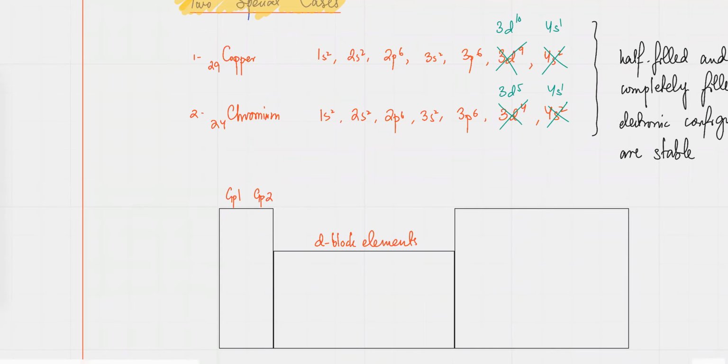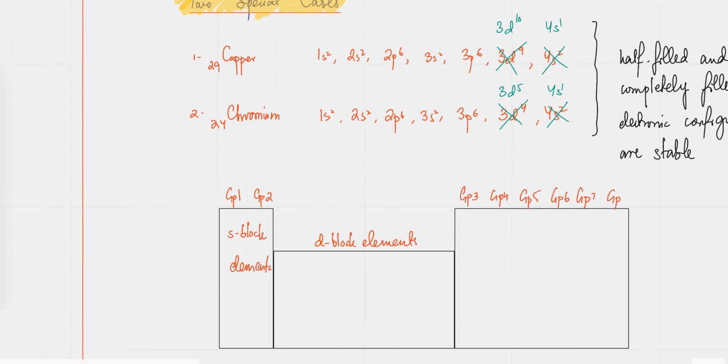Similarly, group 1 and 2 are called s block elements. And after the d block elements, you have group 3, group 4, 5, 6, 7, and then your noble gases, which is 8.